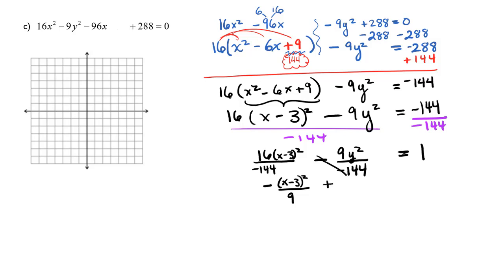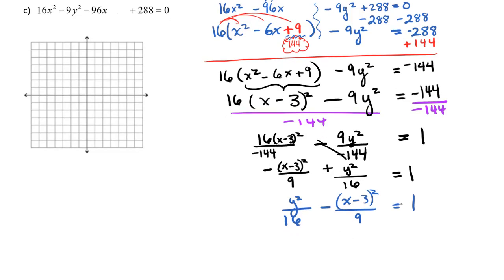So this becomes a plus y² over 16. This equals 1. So now this is so close. I'm going to rearrange these terms so the leading term is positive. This will give me y²/16 - (x - 3)²/9 = 1.